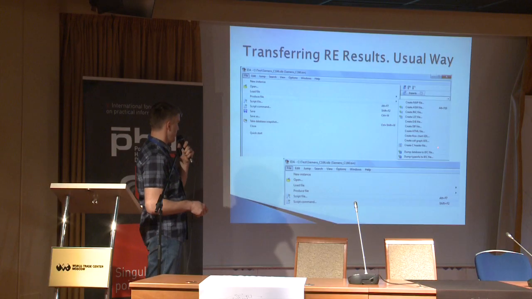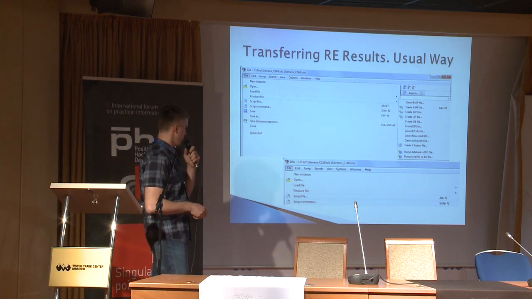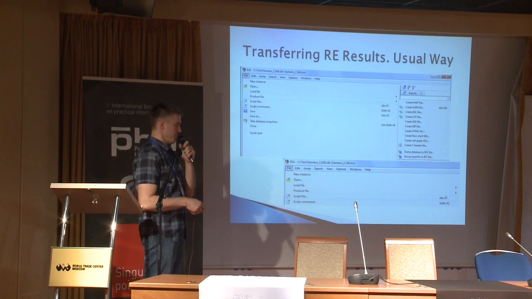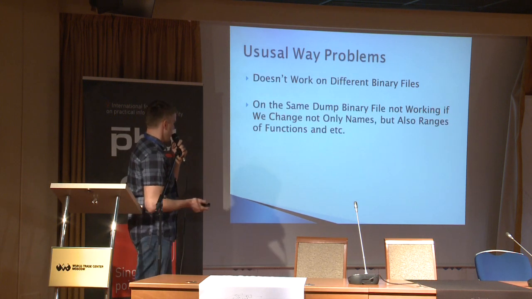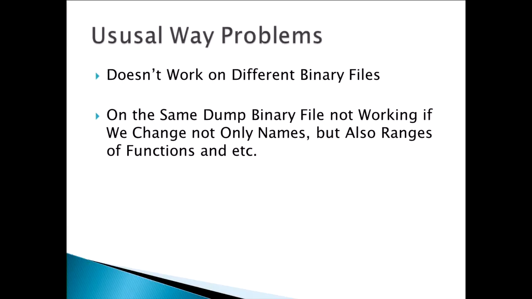A regular way is when you have a dump, you store this type of information and database in an EDC file, and then as a script you download it and execute it. But it has a number of problems.